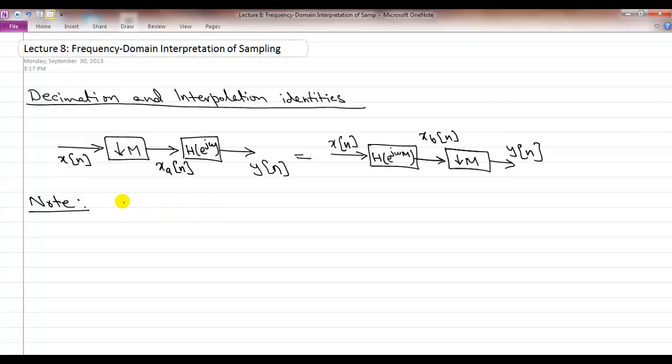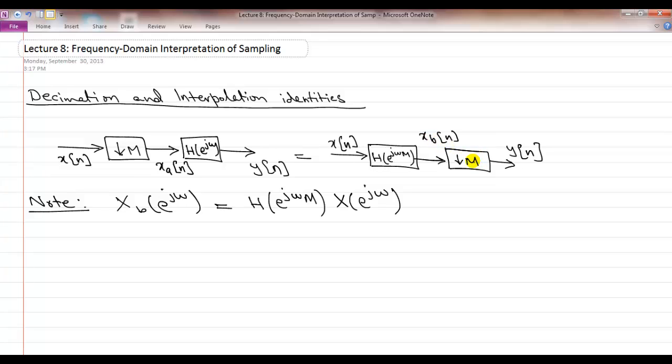So we can write, let's look at the frequency X_b of e to the j omega. That is simply equal to the frequency response of the filter times the Fourier transform of the input signal. And now we know the relationship between x_b and x[n] in frequency. We also know the relationship between y and x_b[n], which is just decimation.